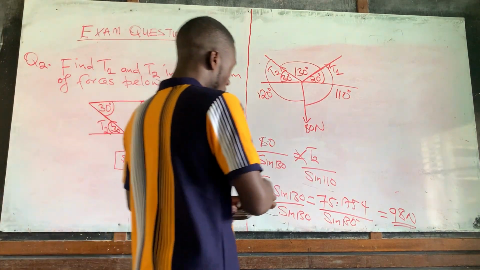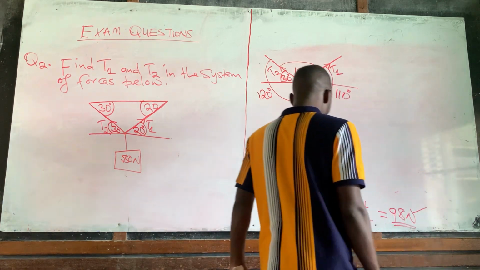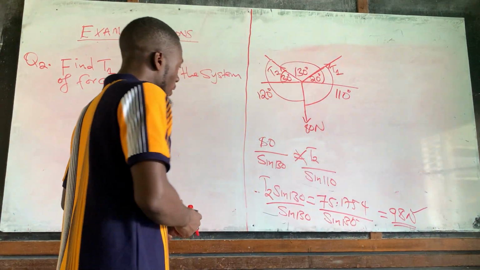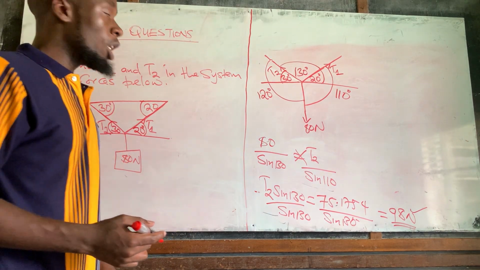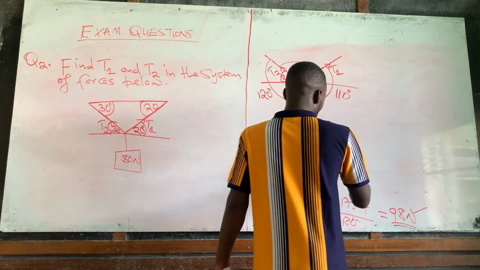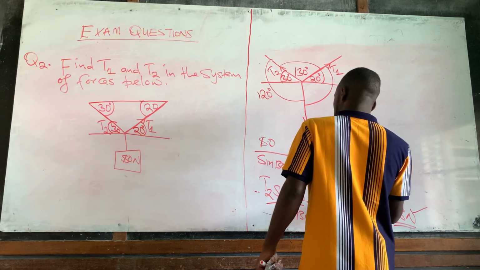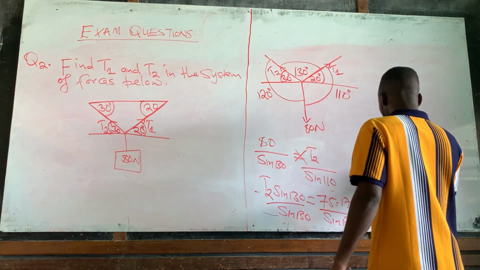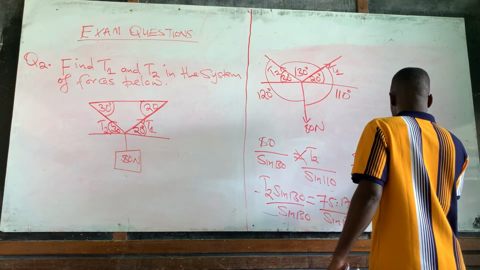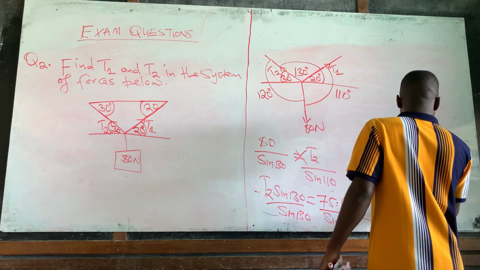So the other one is 9.8 newtons, and the other one there, what was T1 there? So T1 there will be 8 over sine 130 is equal to T1 over sine 120 there.